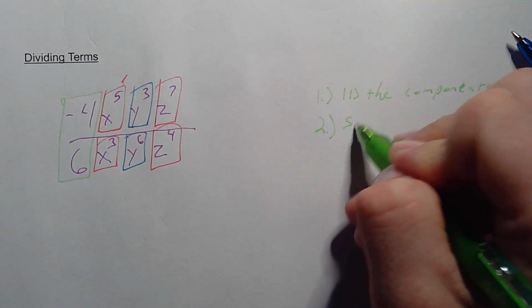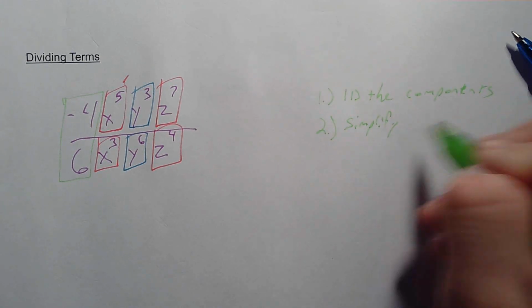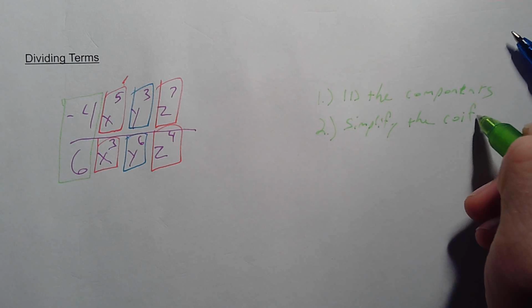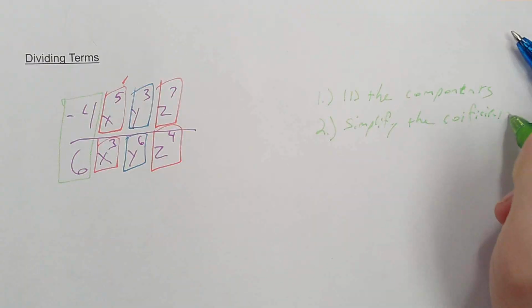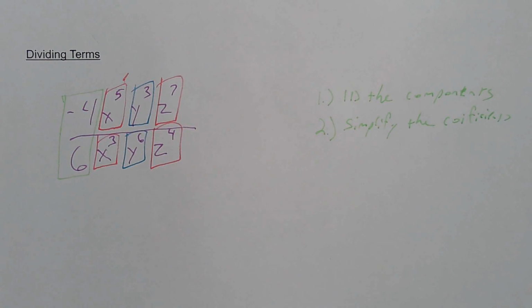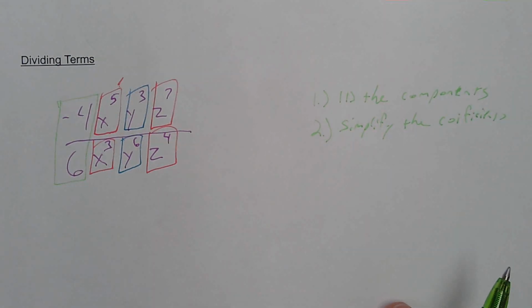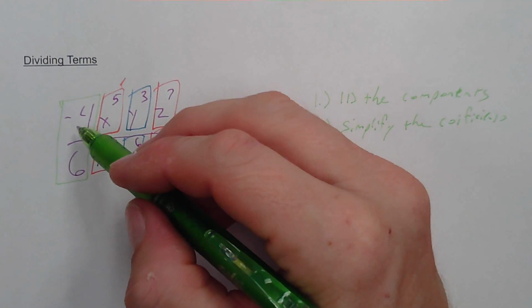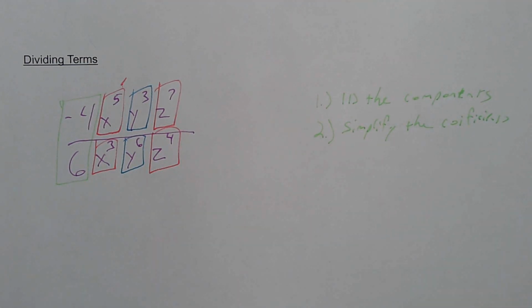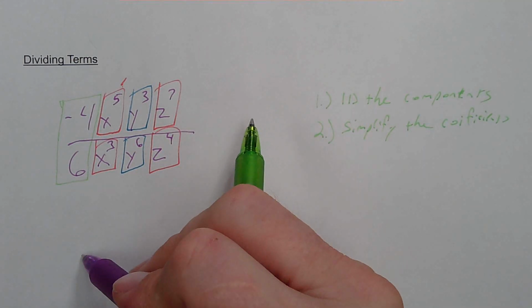Anyway, so step 2 is simplify the coefficient. All right, after we simplify the coefficient, well, first let's look at this thing. This negative sign, we can just take this negative sign out and put it in front.